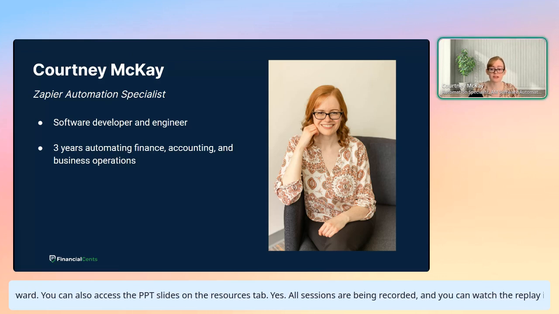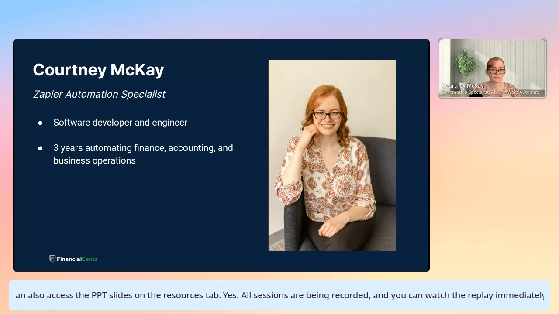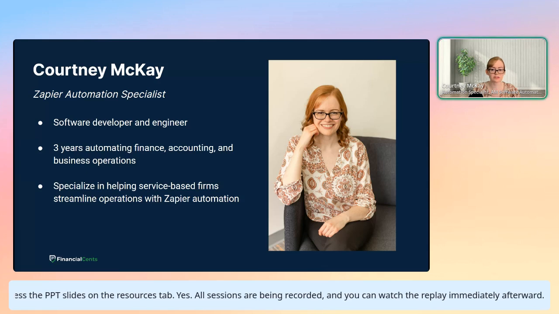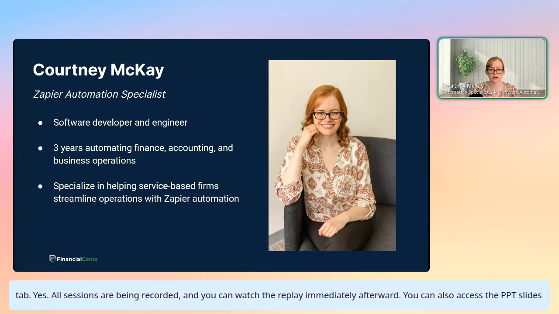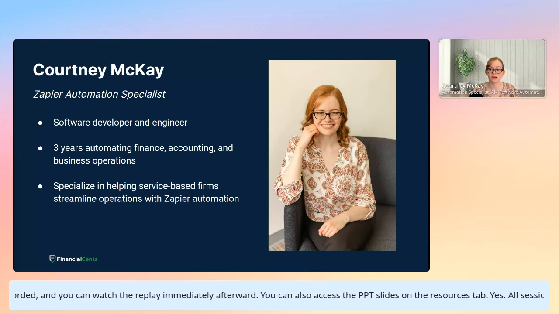I've been doing that for the last 3 years. My specialty is using Zapier and a few other custom automation techniques to automate and streamline operations for service-based firms like accountants, bookkeepers, and financial advisors.